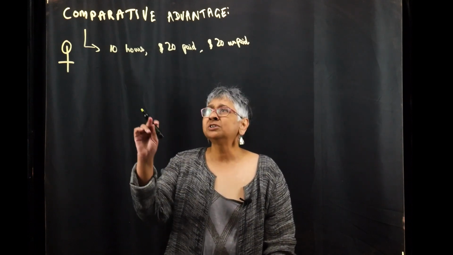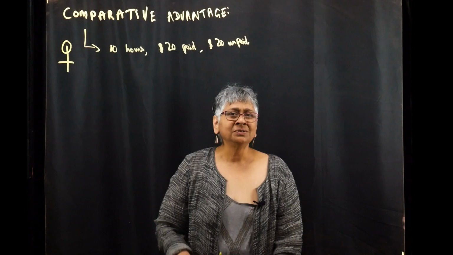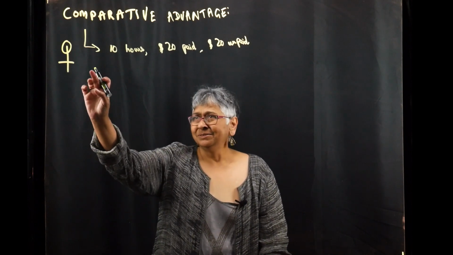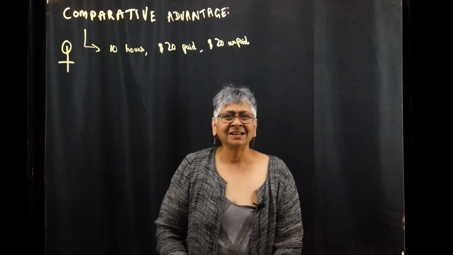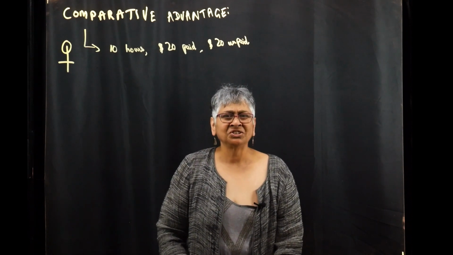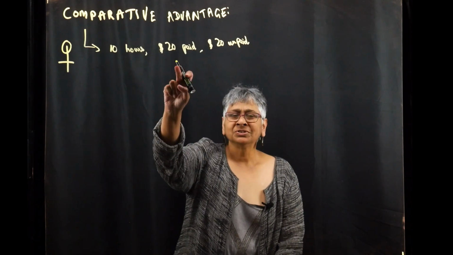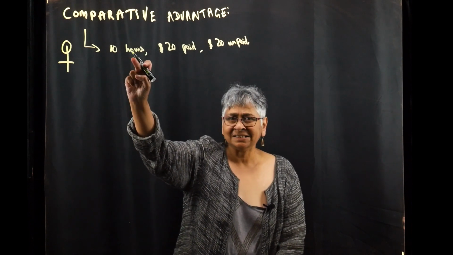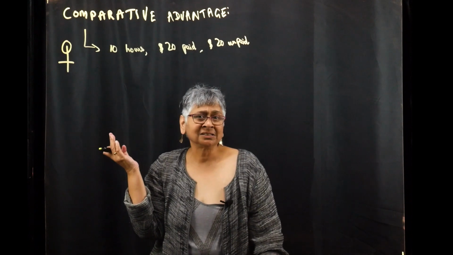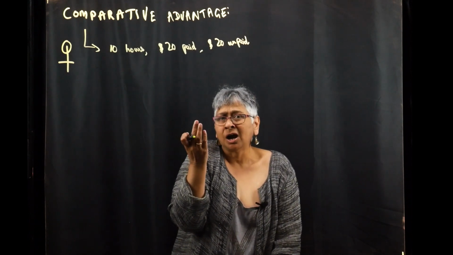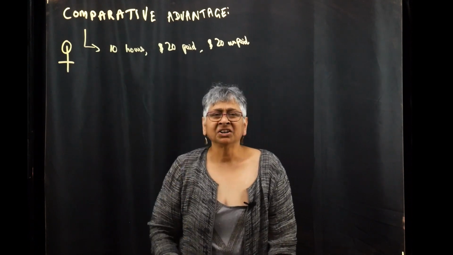So to start with, you know what you need for a PPF? You need resources. In this case, let's say 10 hours a day, labor resource. And you need two goods. This is a woman who has 10 hours a day, and she can use it to go earn a job, $20 an hour.